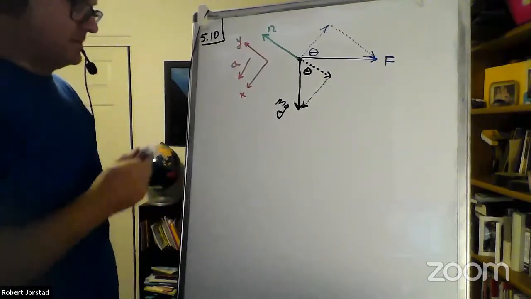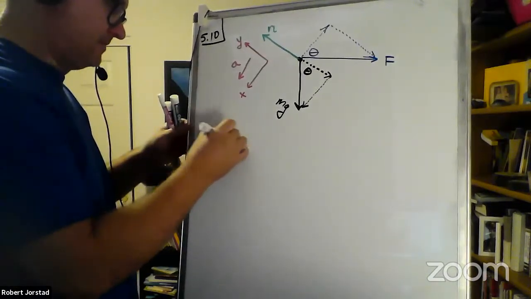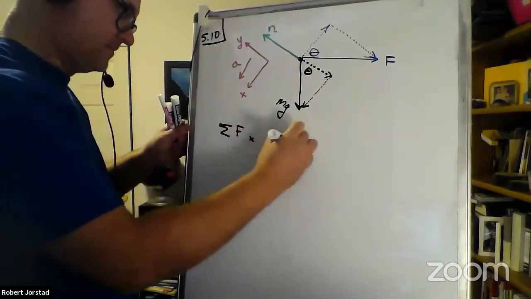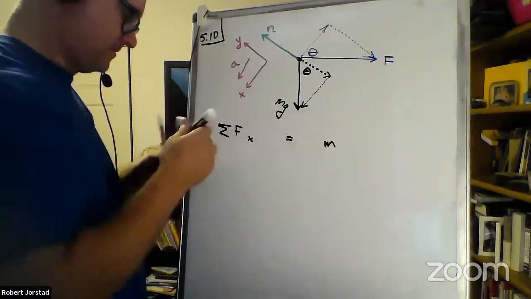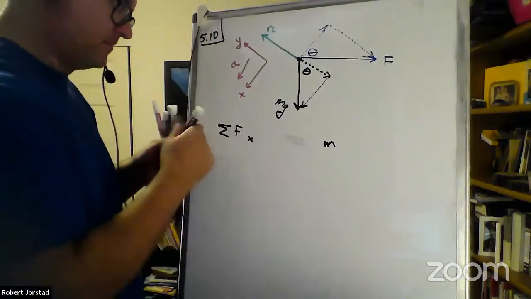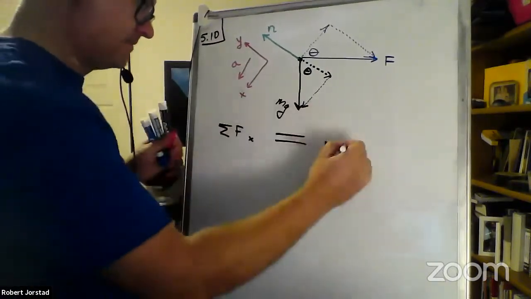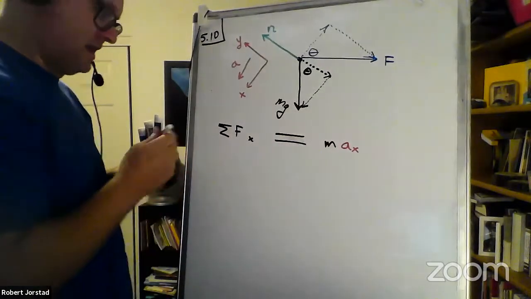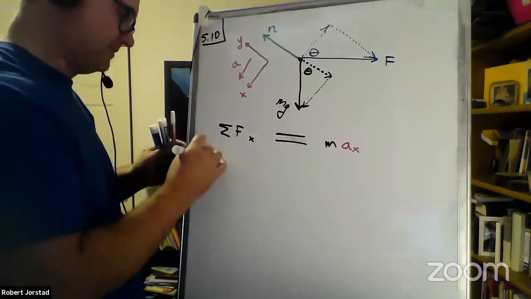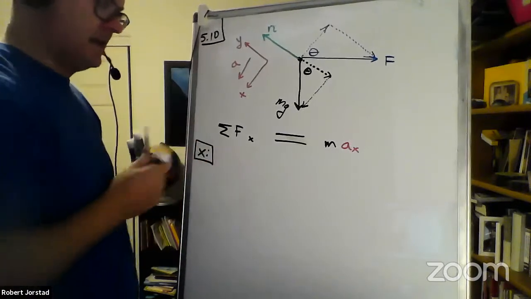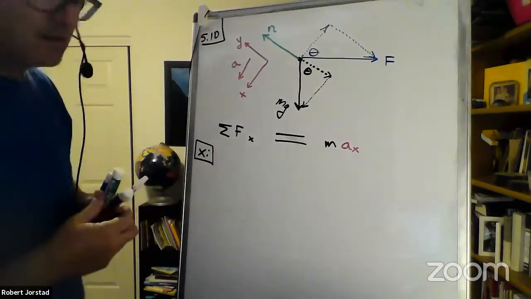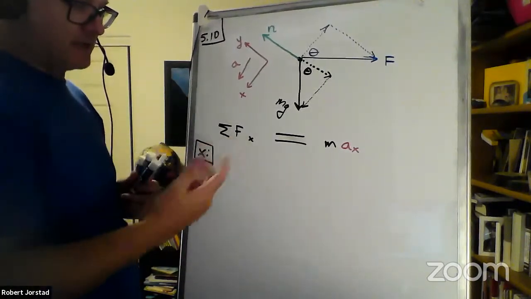All right. So now we're going to do the sum of forces in the X is mass times A sub X. So what's one of the forces in the X direction?